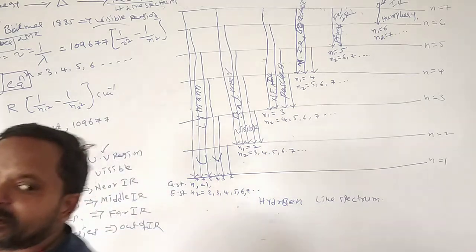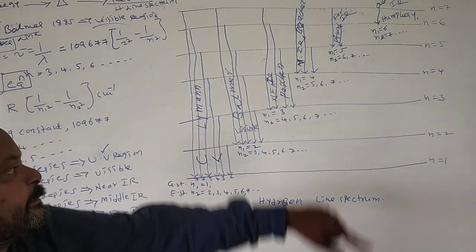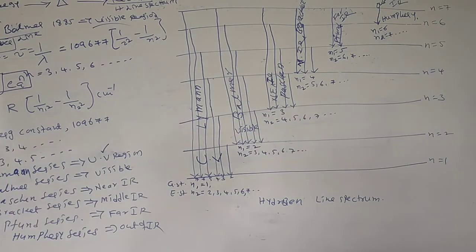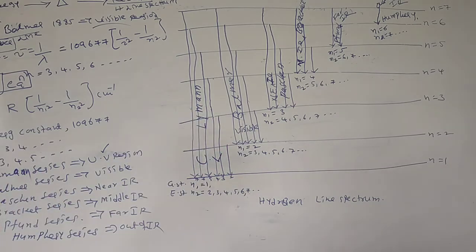All lines are observed when the hydrogen electron gets excited into an excited state; when it comes back, it loses energy and emits energy. That energy passes through the spectra, and here we get this complete spectrum. This spectrum can be explained by using the Rydberg equation.